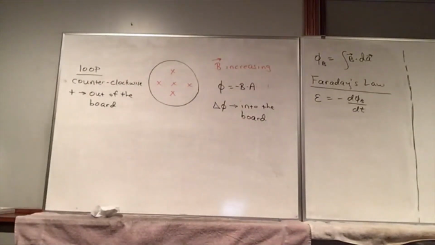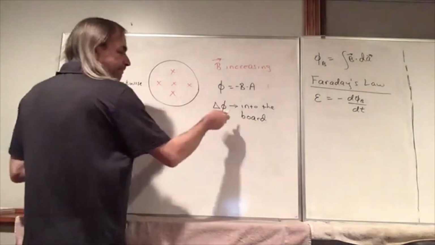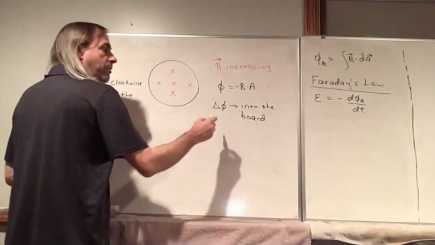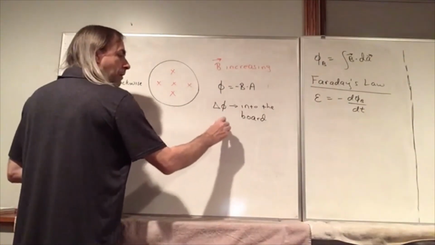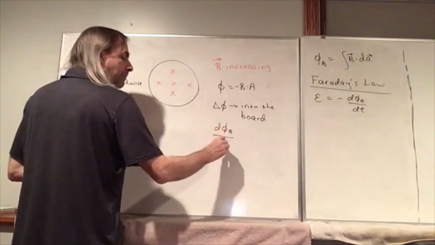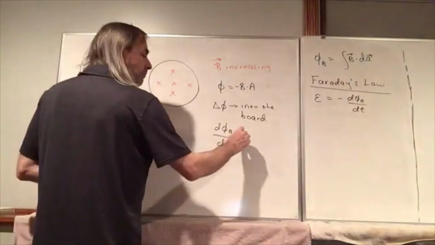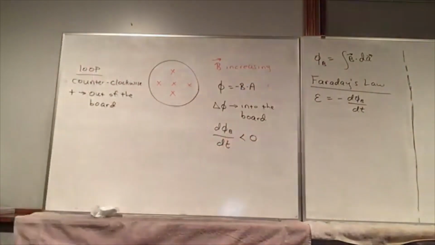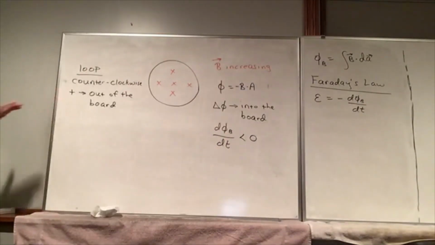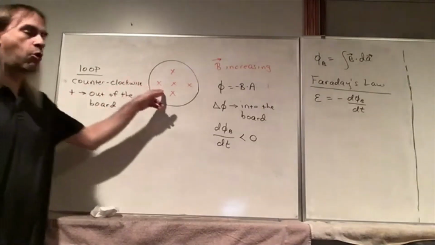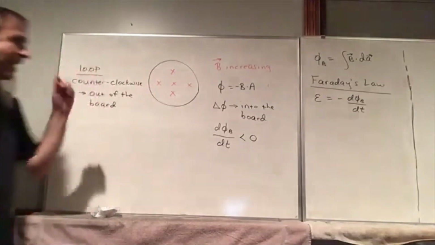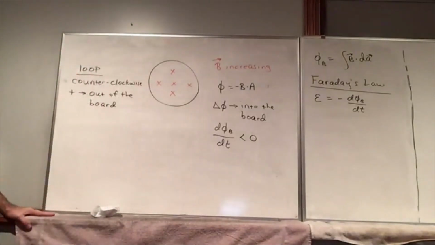If we look at some time later, the magnetic field increases, and so, as time increases, the flux is increasing into the board. And so we can say in this case that the rate of change of flux is negative, because by going counterclockwise, positive is out of the board, and the magnetic field is both into the board and increasing.